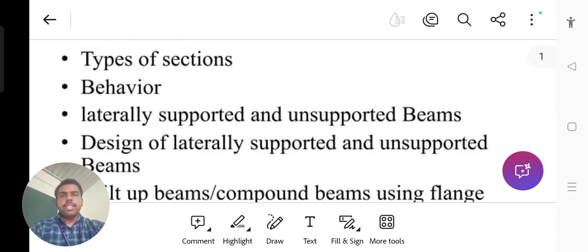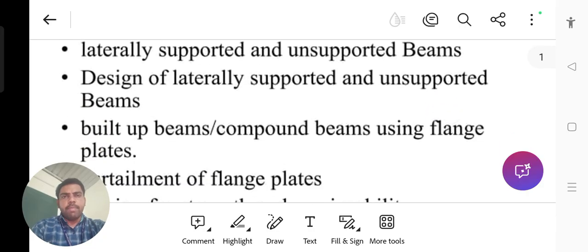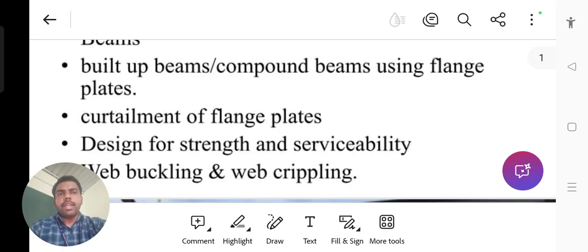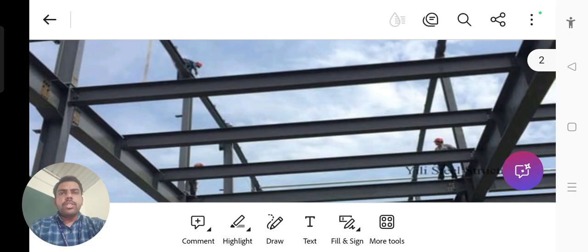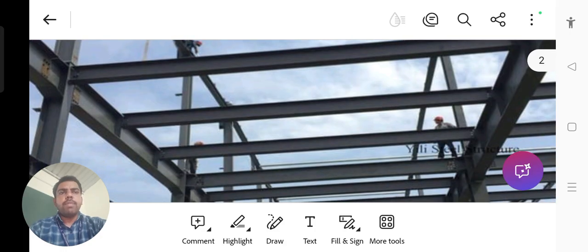And what is the design of laterally supported beams and built-up beams? Built-up beams means we have to build up the sections, and after that curtailment of plates, web buckling and web crippling. This type of channel section should be provided at that location.